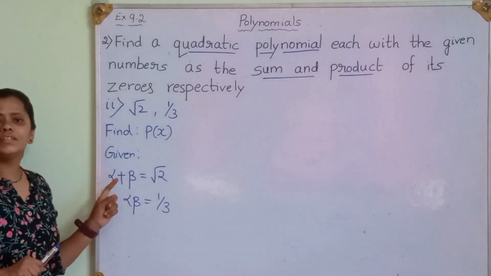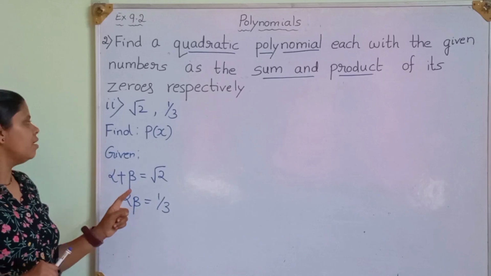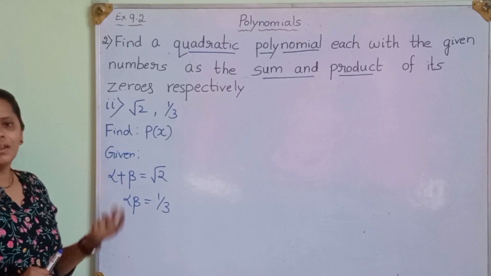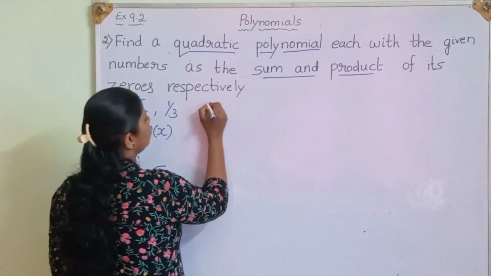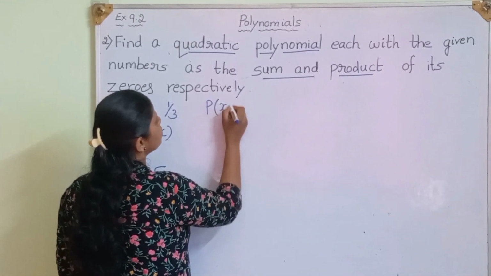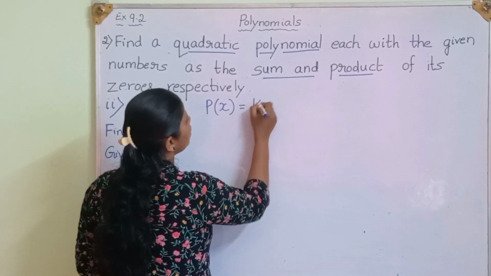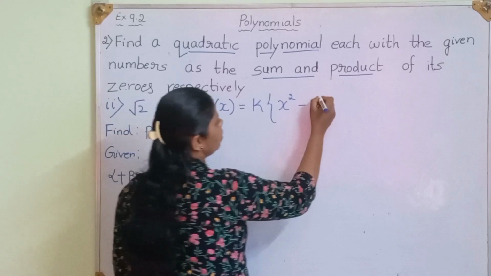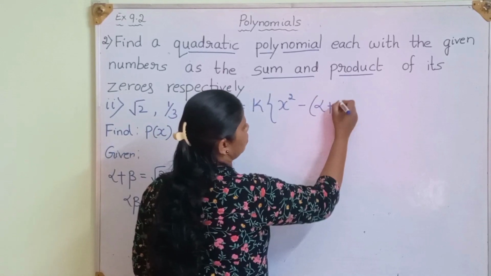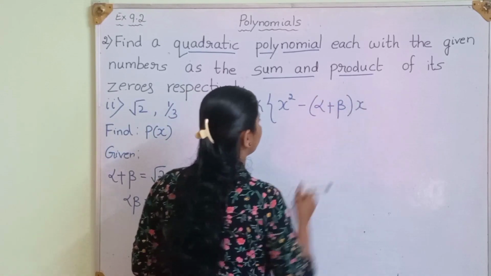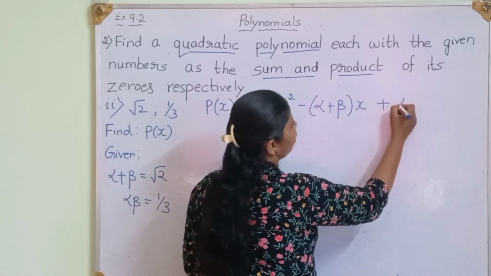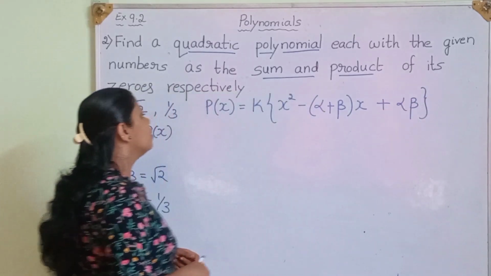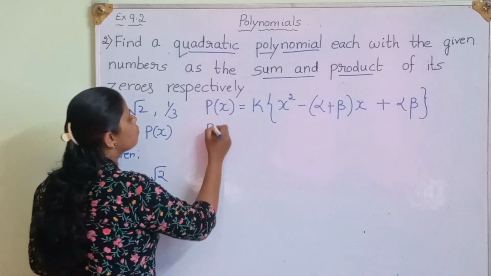When the zeros of the polynomial is given, then to write the polynomial p of x, then what we will write? We will write p of x is equal to k into x square minus alpha plus beta into x plus alpha into beta. Okay.